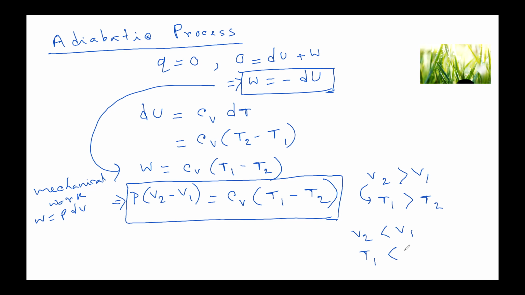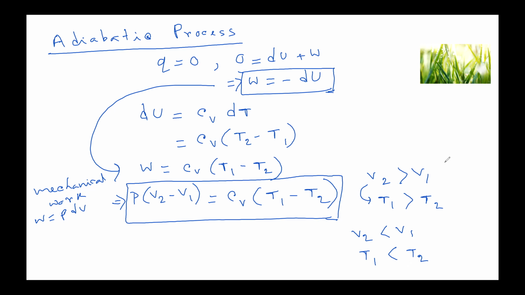I'm sorry for this. Okay, so for adiabatic expansion of a gas, the temperature will fall, and for adiabatic compression of a gas, the temperature will increase. Please remember this for an adiabatic process.